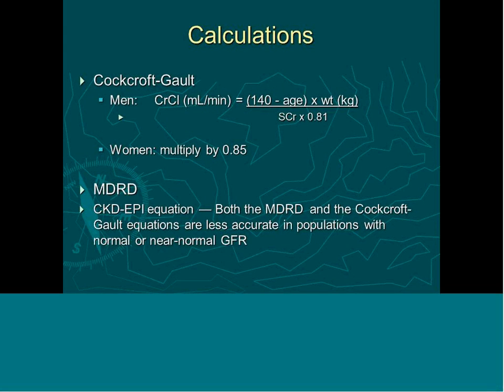Let's go back to the case. Her creatinine was 1.7. So there are several equations available to measure a GFR. The oldest equation is called the Cockcroft-Gault equation, which gives the creatinine clearance.